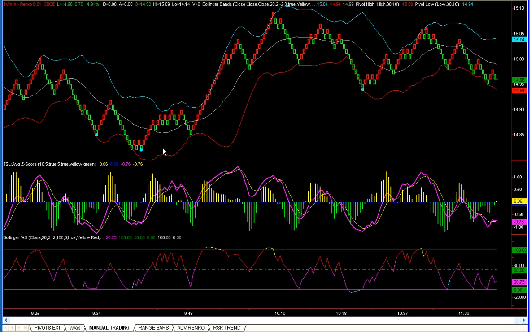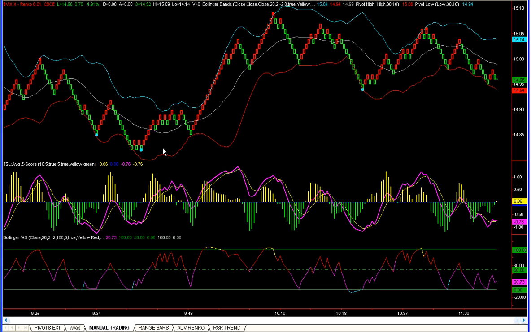Now, what did we just say about Z-score? Z-score is a function of standard deviation, and friends, you got to keep in mind those standard deviations are important. When you move much more than one standard deviation away from the zero line, you can pretty well rest assured that the VIX is going to change direction.